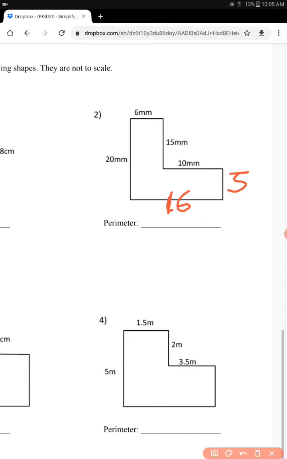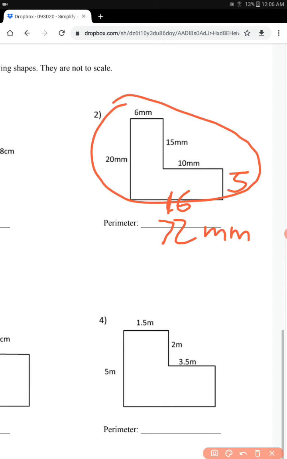Now we have all the side lengths, so we just add them all up. 20 plus 26, 15, 20, 25, 51, then 72 would be our answer if we add all of these up.